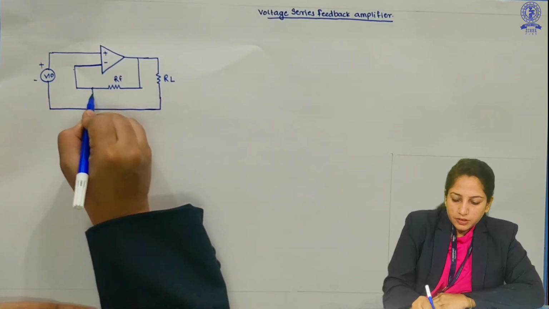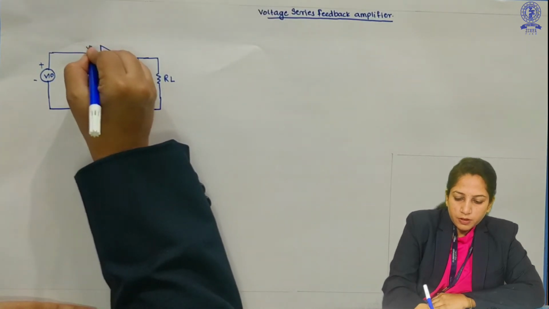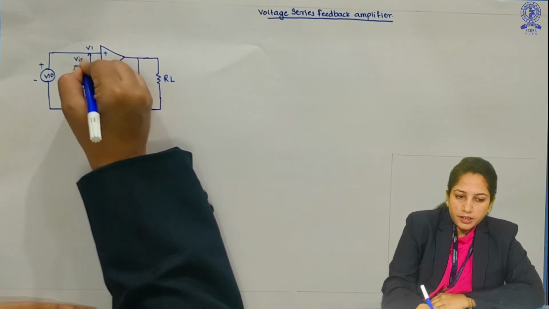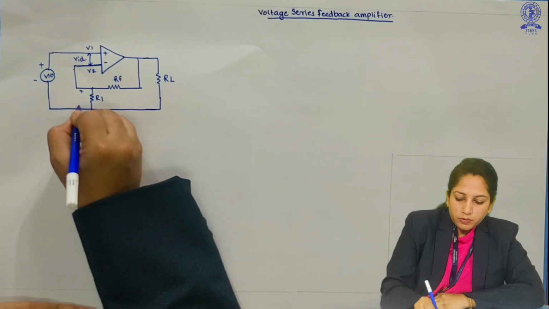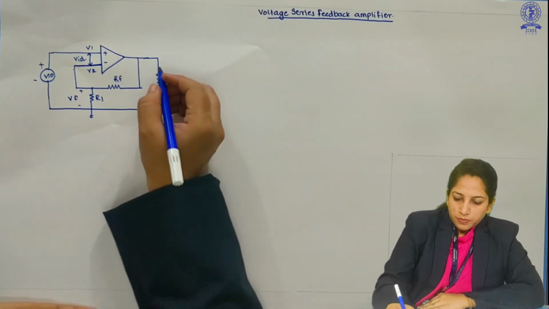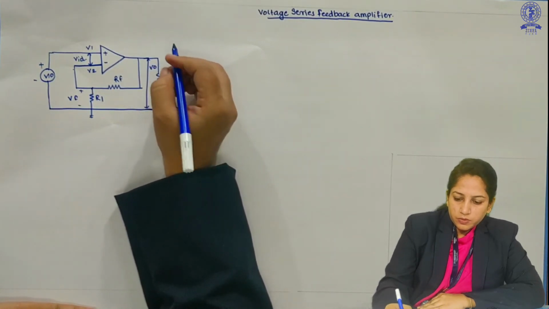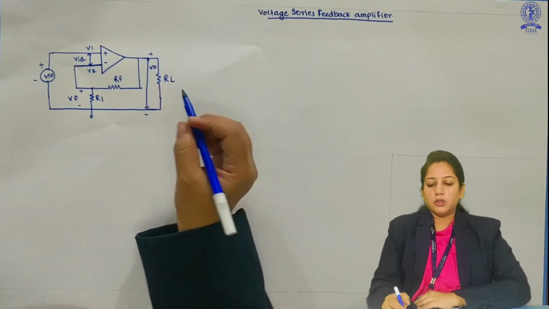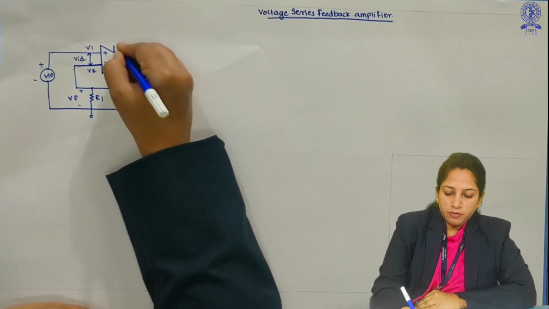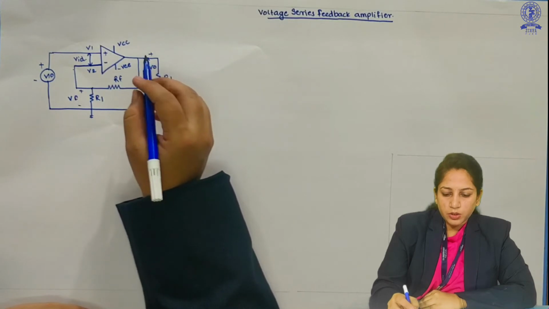Here will be R1 resistance. Suppose this is V1 voltage, V2 voltage. The difference between these will be VID. So here the output will be V0. So this is the output. Okay, so the output voltage will be V0. For this amplifier, I will give VCC and minus VEE as the saturation voltages.